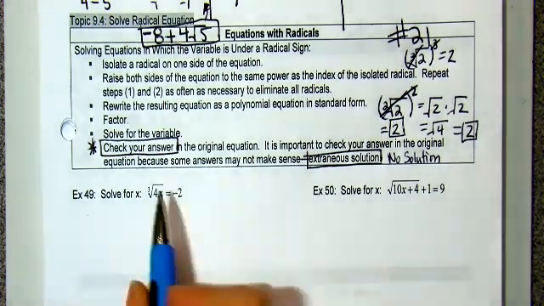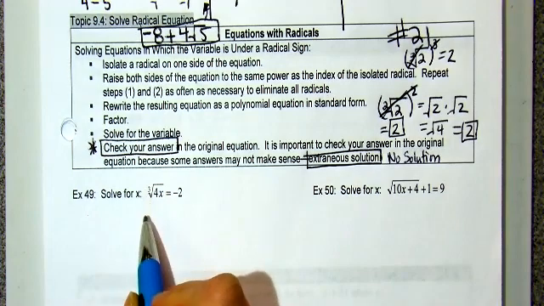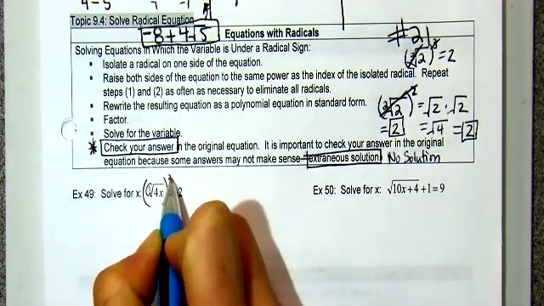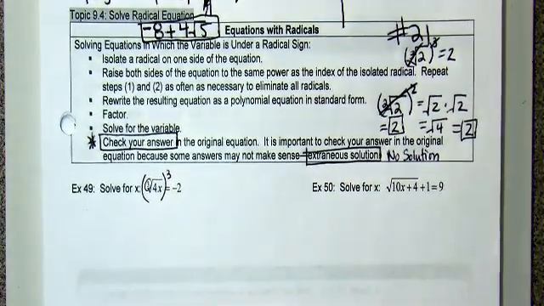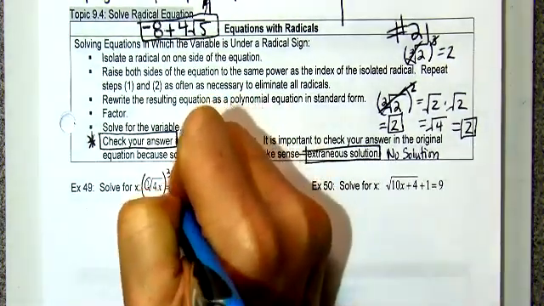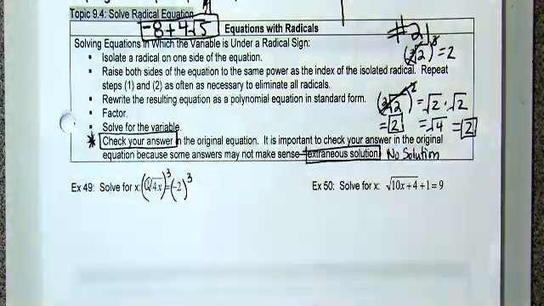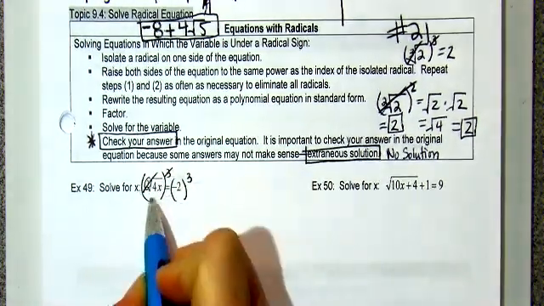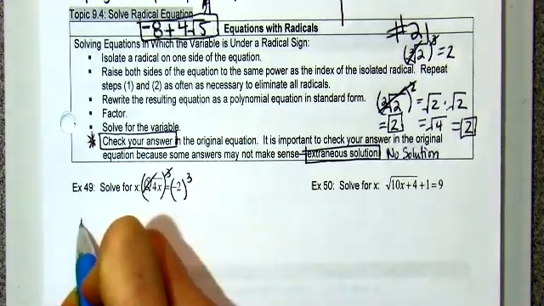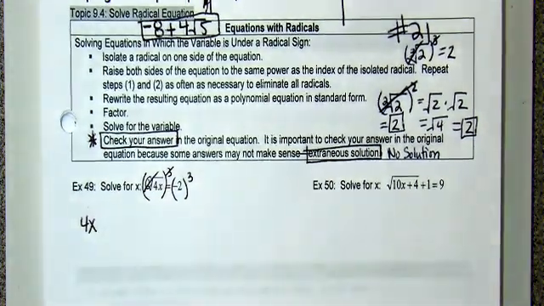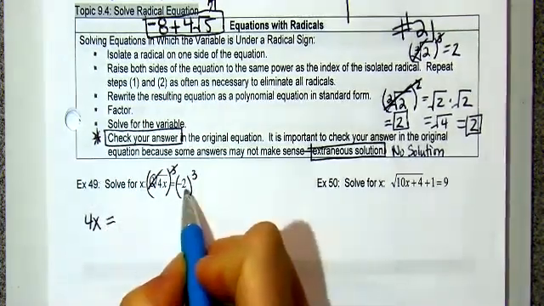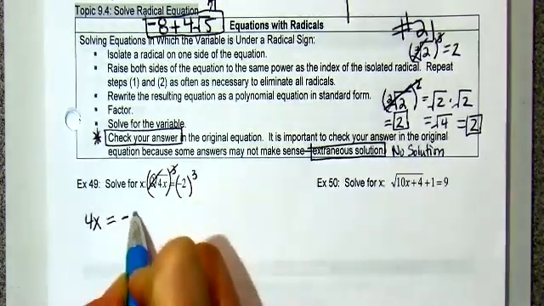Since this radical is isolated, and since it is a cube root, we're going to raise this to the third power. Remember, what you do to one side of an equation, you do to the other. So we're raising that other side also to the third power. The reason we do that is because this exponent cancels this radical, leaving the term underneath the radical, the radicand, as just 4x. Then -2 to the third power is -8.